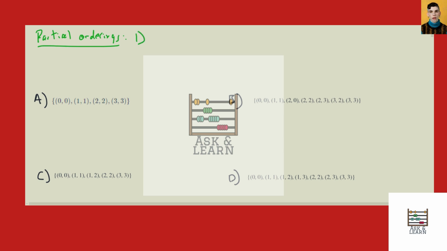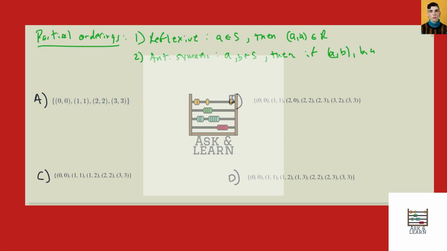have 3 properties. 1, it is reflexive, which remember means if little a is an element of S, then we have a, a in our relation R. And then this is going to be anti-symmetric, which means if a, b are in S, then if (a, b) or (b, a) are in R, then a is equal to b.